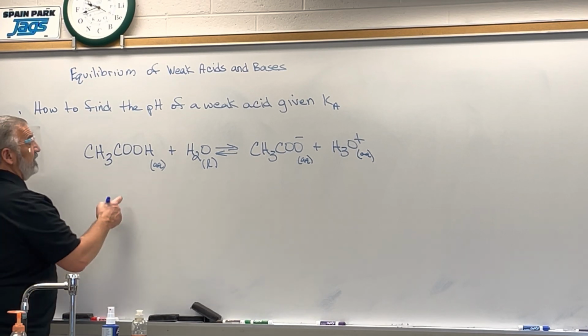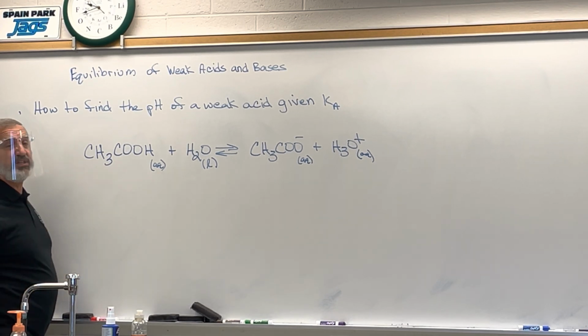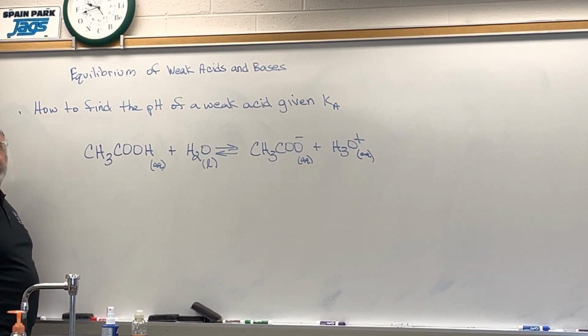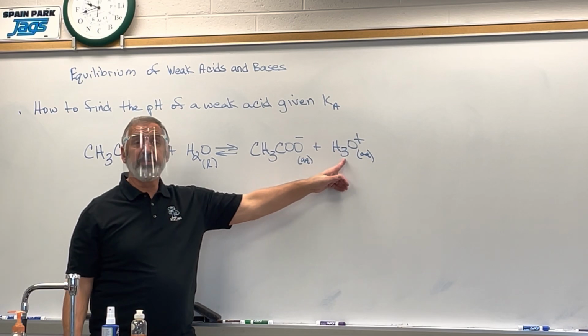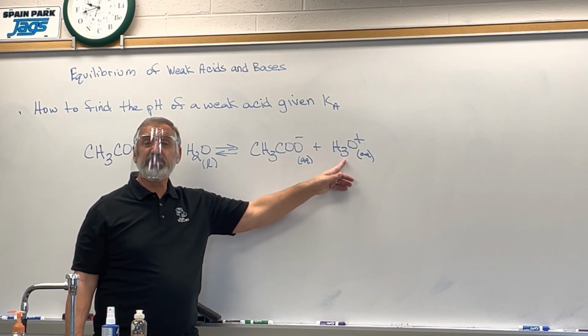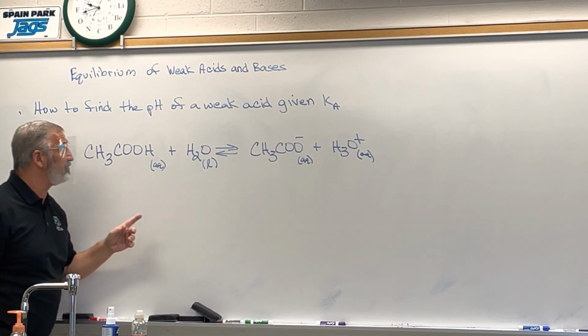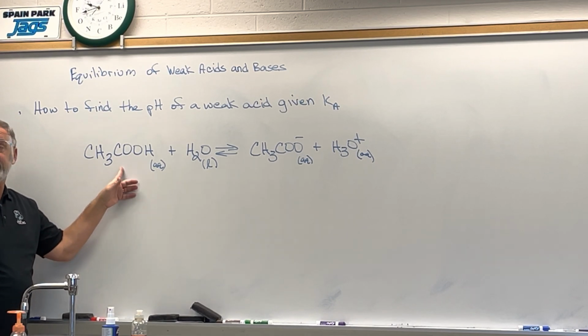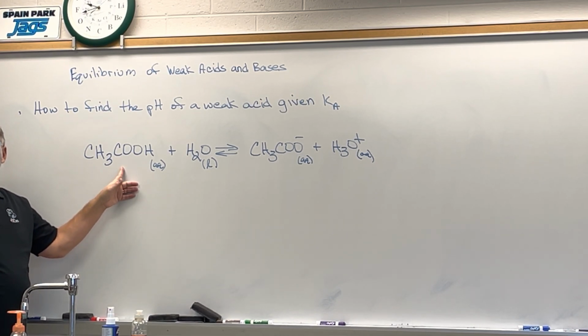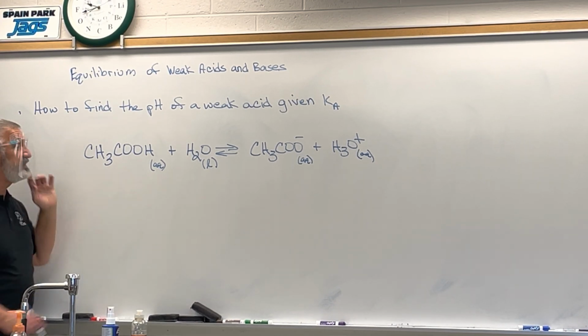Now, let's talk in terms of the Arrhenius definition. Why is this an acid? The H plus concentration increases, because we made H3O plus. In terms of Bronsted-Lowry, why is this an acid? Proton donor.